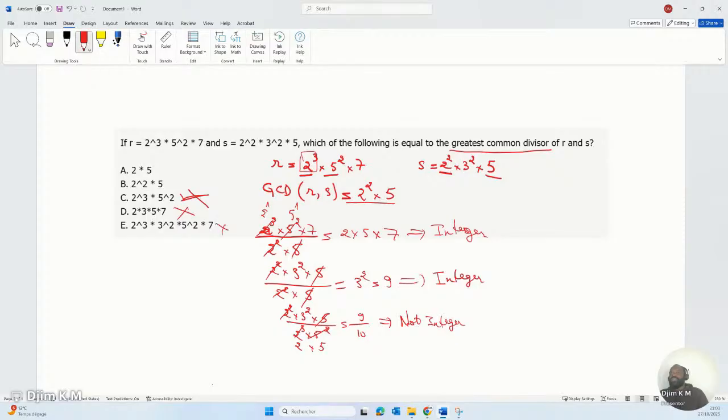This also can't be the answer. 7 is not part of S. And this could probably be the answer, but the question says the greatest common divisor, so we need to find the greatest. 2 to the power 2 times 5 is greater than this.